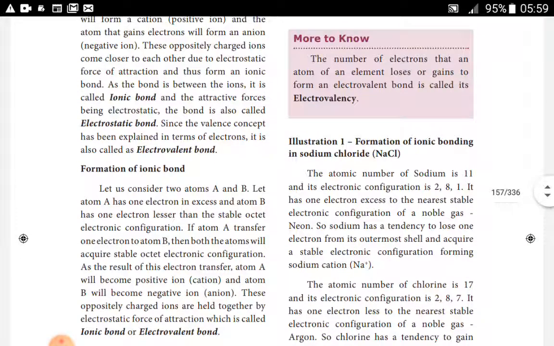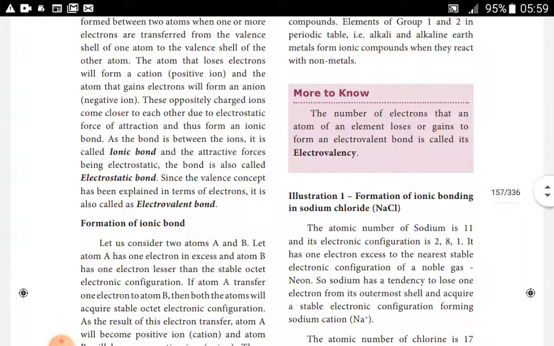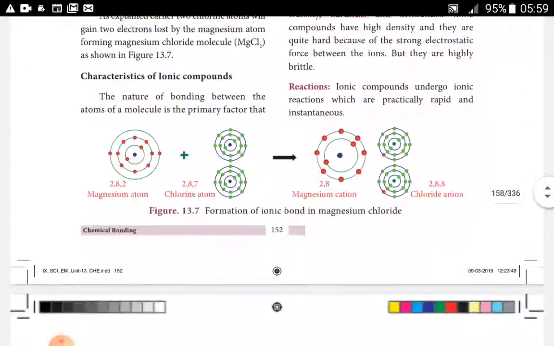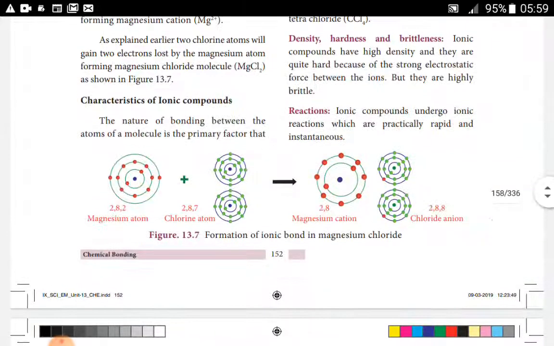We learned how an ionic bond is formed by losing or gaining electrons. We also learned about the formation of the sodium chloride molecule and the magnesium chloride molecule, and the characteristics of ionic compounds. So learn up to this, and this lesson will be for the next terminal examination.